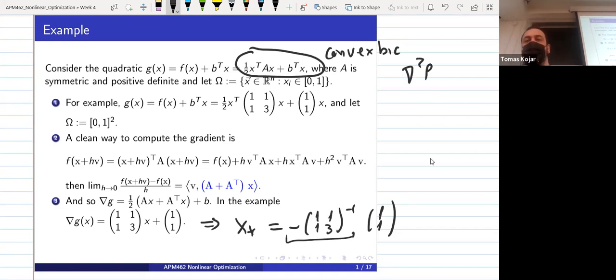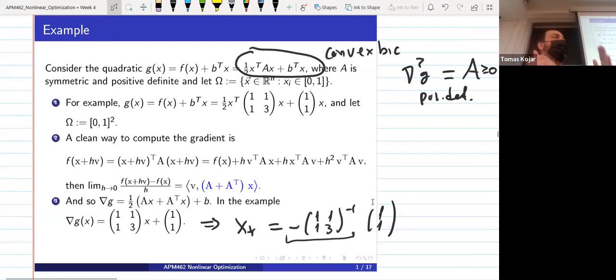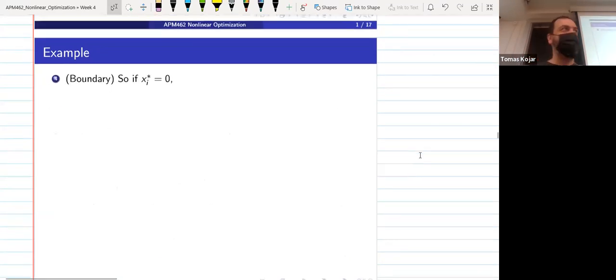Yeah, the Hessian will be what? Which matrix is it? It's just A, right? Yeah, which is positive definite. Is that okay? Do you understand? Okay, you can let me know. If it's obvious, is it okay? Okay, okay. I'm not sure.